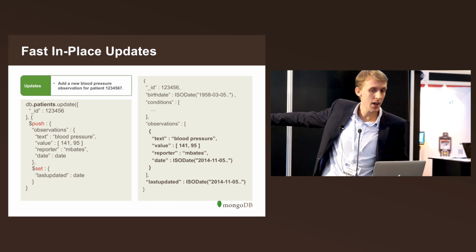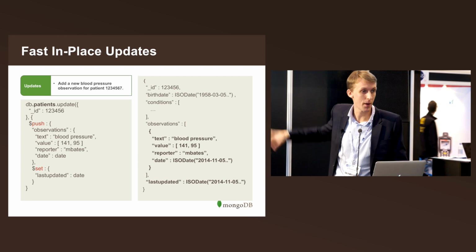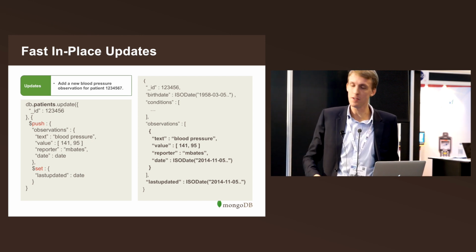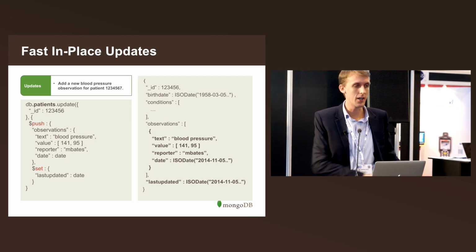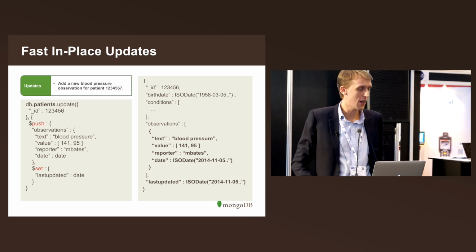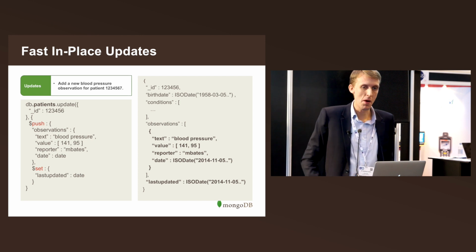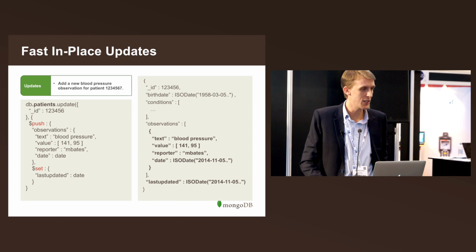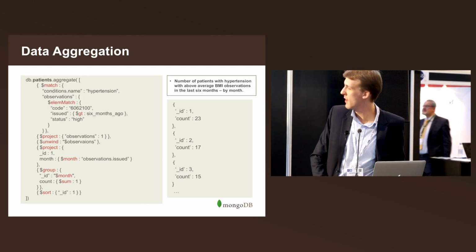So as you can probably see here, what I've now got is this enriched document. I've got the patient, I've got their observations, which includes that blood pressure observation, and the others that will have occurred, together with the last time this document was updated. But the difference is here, we're actually keeping this all in place, very different to how you do this in the relational world.